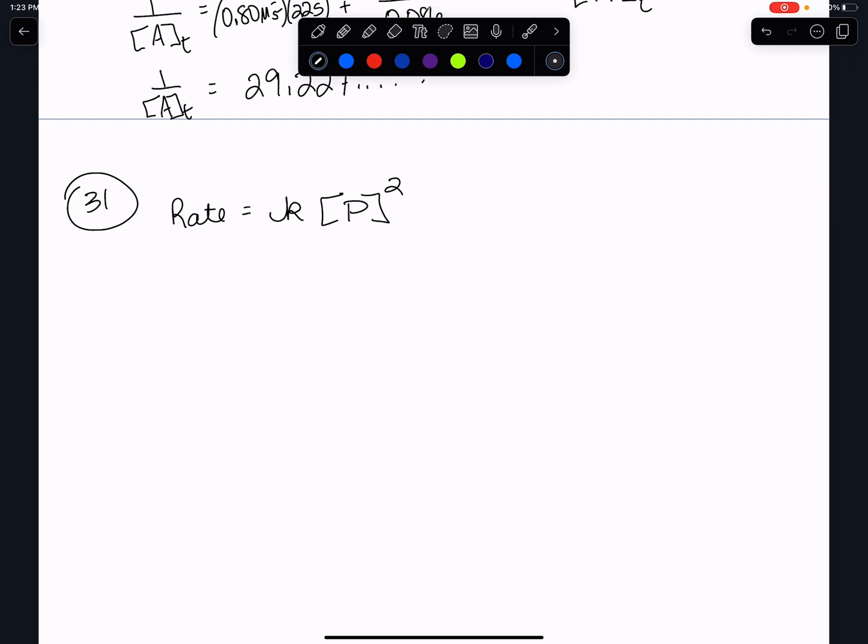It gives us the rate constant K of 6.2 times 10 to the minus 3 M negative 1 S negative 1. And then it says if the concentration of the protein is 2.7 times 10 to the minus 4 molar, well, that's got to be squared, calculate the rate.